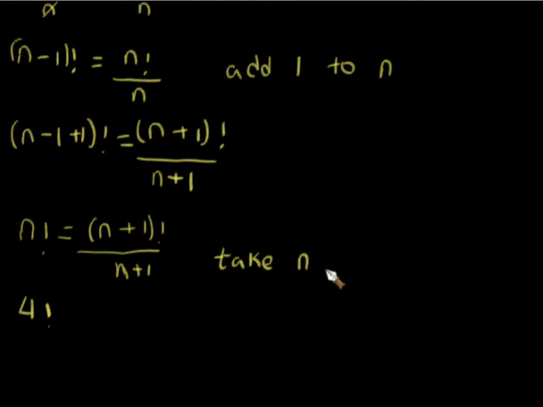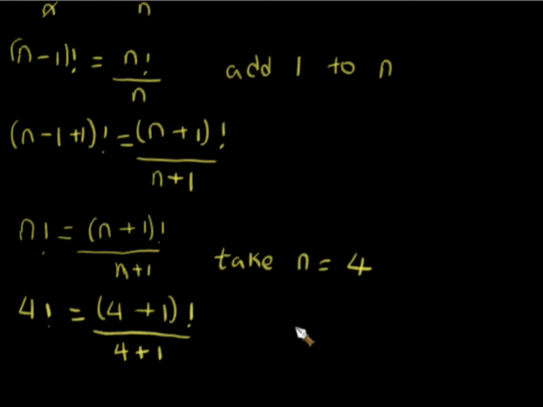Now we are going to substitute n for 4 in our formula. So we have 4 plus 1 factorial all over 4 plus 1, right?